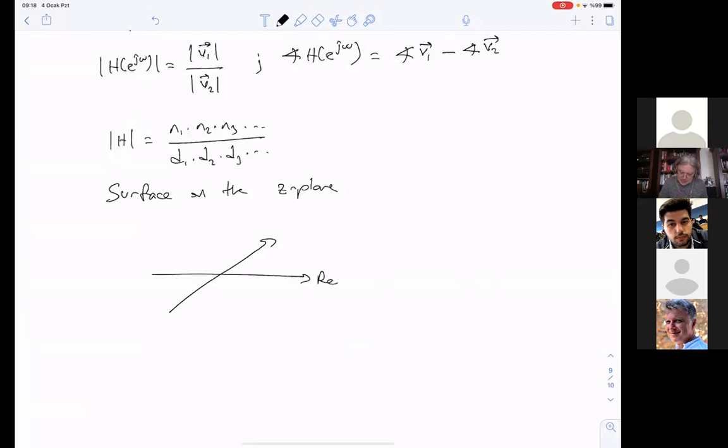This is the real axis, this is the imaginary axis, and this is the magnitude of h of z, okay? At the locations where there's a pole, they will look like surfaces that go up to infinity, like this.